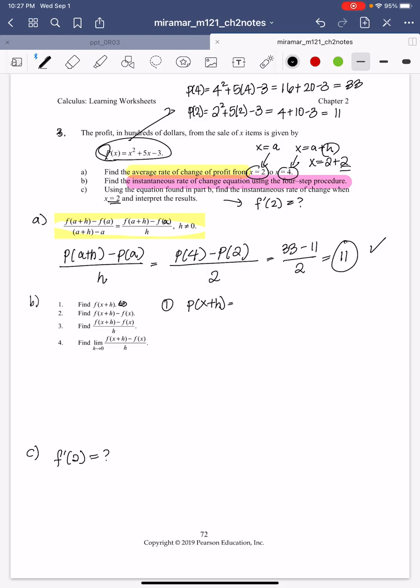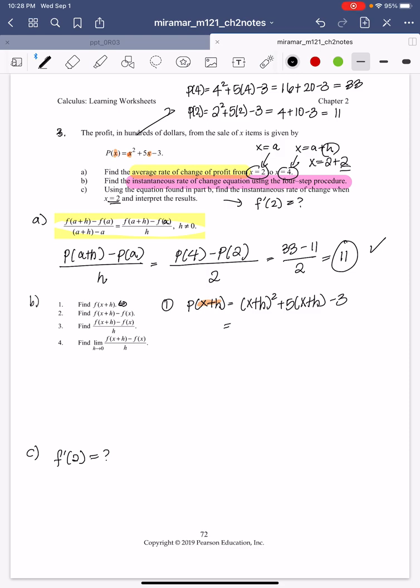That means wherever you see x, I'm going to replace it with x plus h. So I'm going to replace every single x with x plus h. So I'm going to have x plus h squared plus 5 times x plus h minus 3. I'm going to skip a step a little bit.